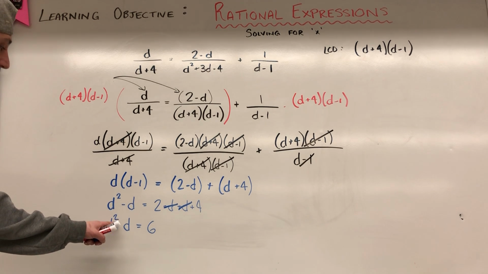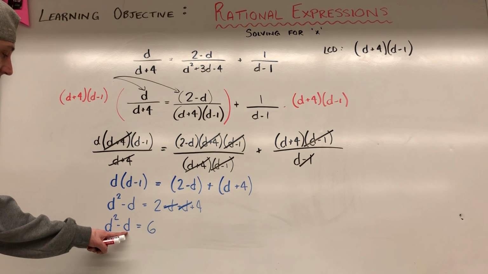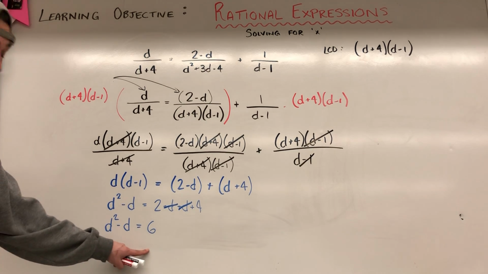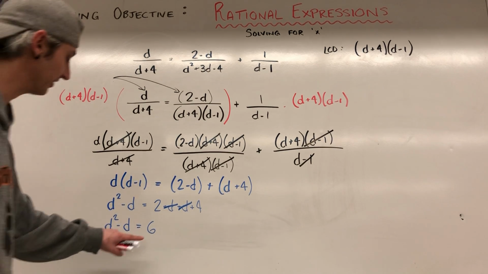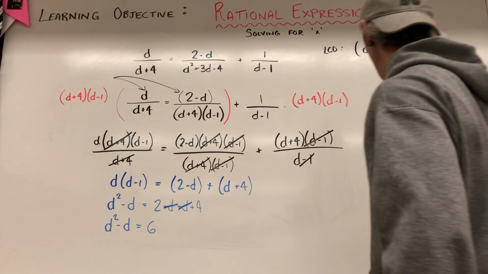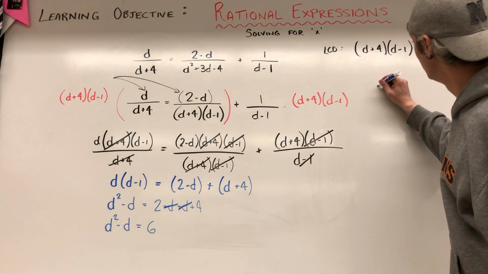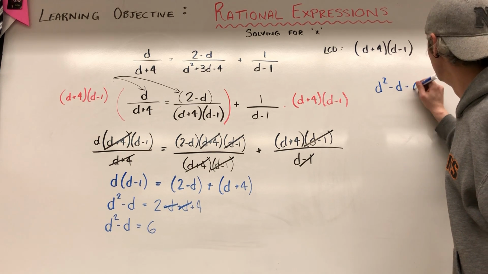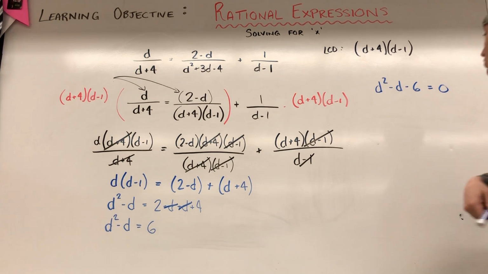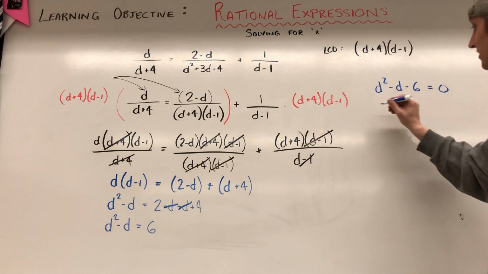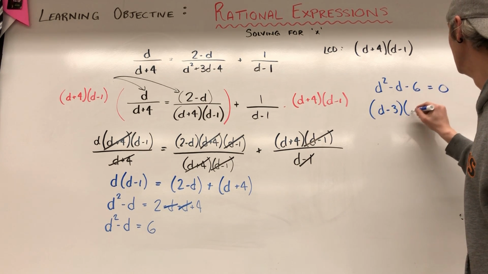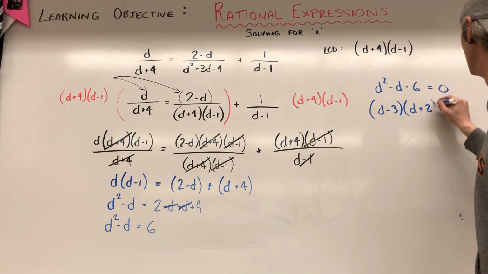And I can see a squared term, a d, and a number. So I can see this is looking like a trinomial. So I'm going to move everything over to one side, and in doing so I get d squared minus d minus 6 is equal to 0, which when I factor, this is one of the ones that we see a lot, (d minus 3)(d plus 2).